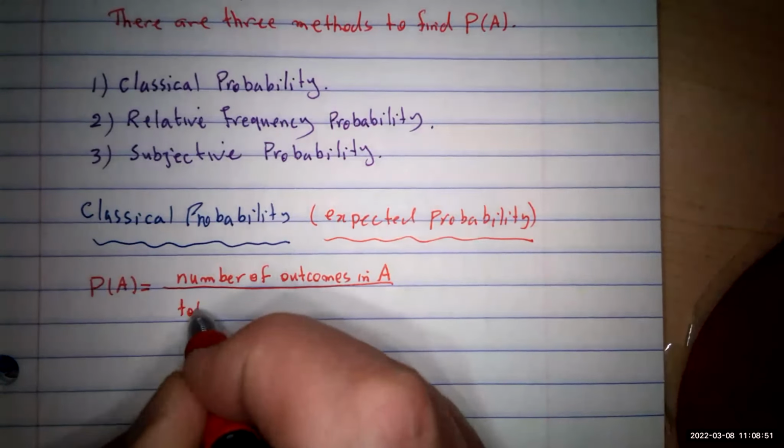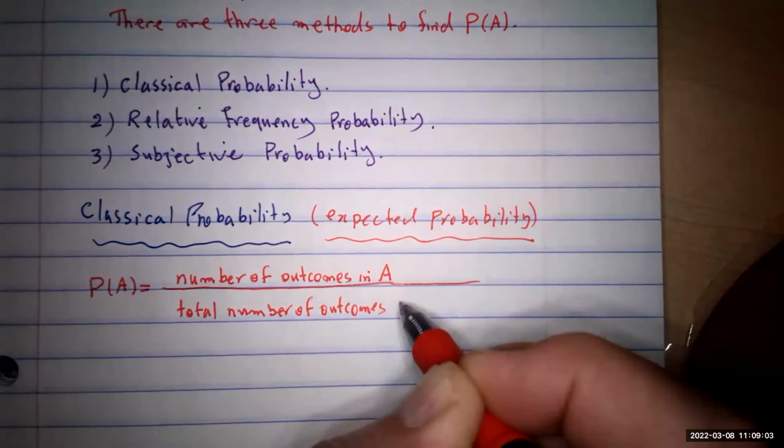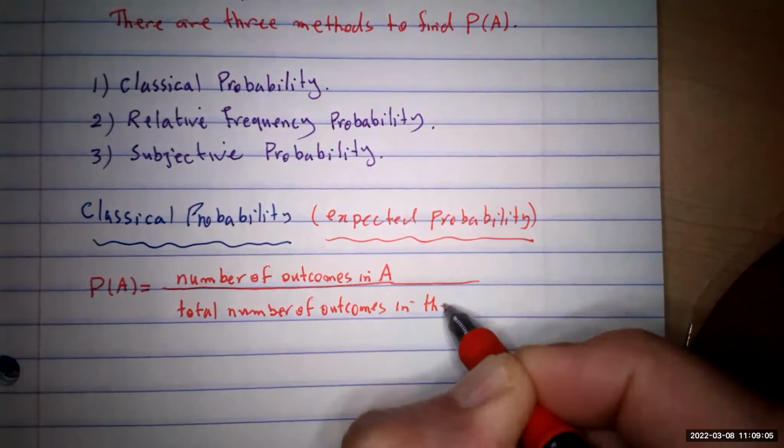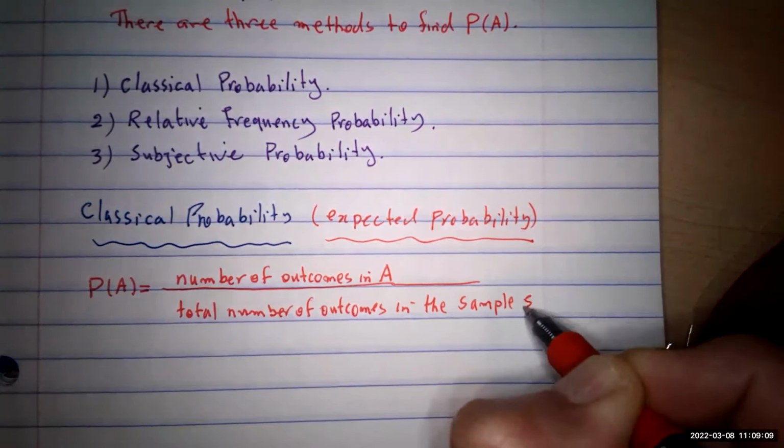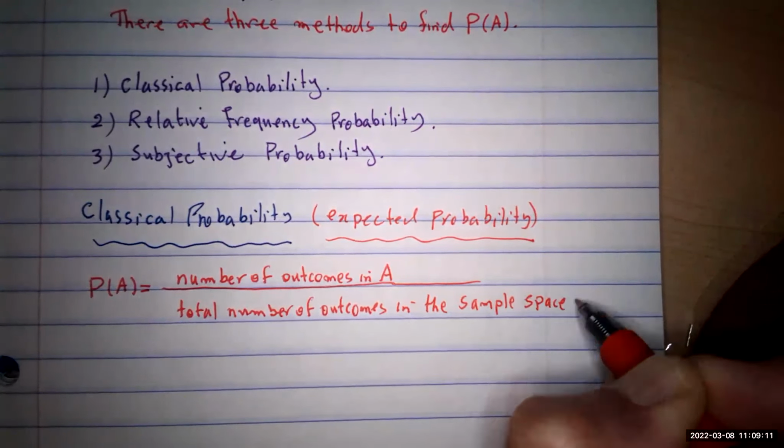The total number of outcomes in the sample space S. Okay, the number of the elements, the members of A, or the possibilities, divided by the total number of the possibilities.